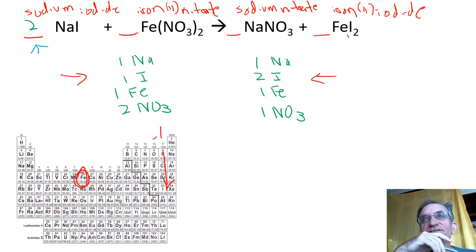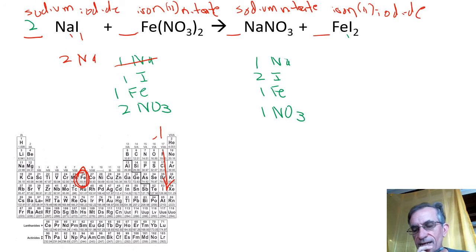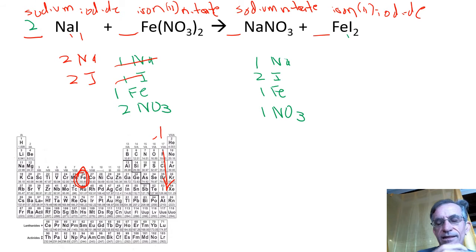Now that doubles everything in that first formula. So that 2 applies basically until you get to the plus sign. Let me erase some of this. We're doubling the sodium, 2 times 1, and we're also doubling the iodine, 2 times 1, 2 iodines. All right, so things are still not quite right.